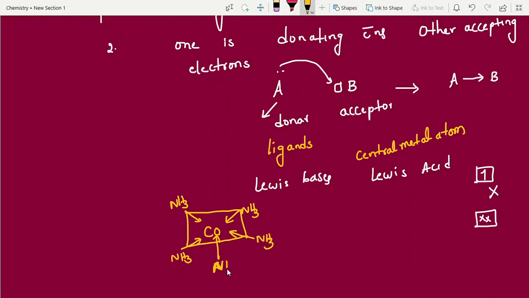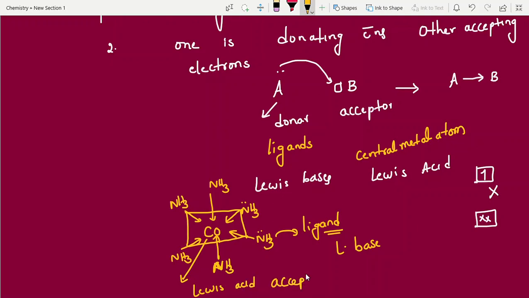See, I am writing the bond like this. That means nitrogen is donating electrons to cobalt. All nitrogens are ligands, which we call Lewis bases. The central metal atom we call a Lewis acid, or acceptor. Ligands are donors. Clear?